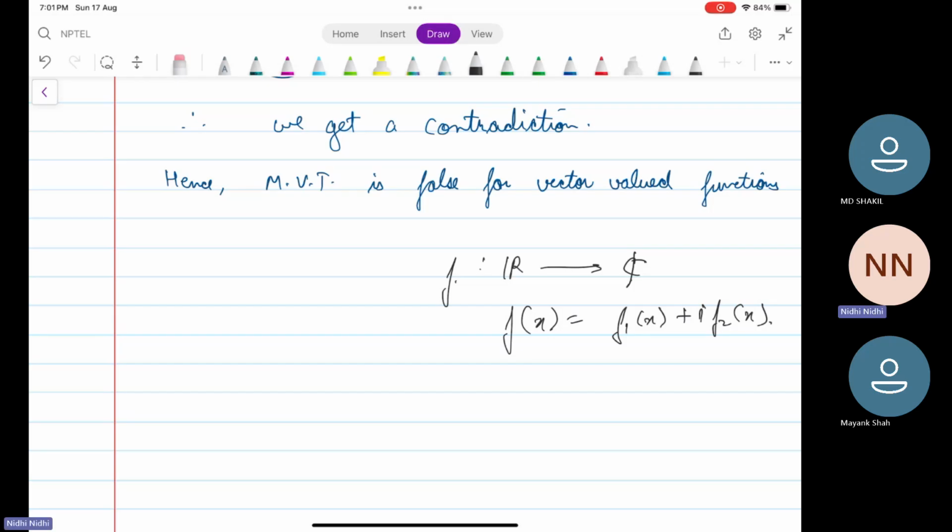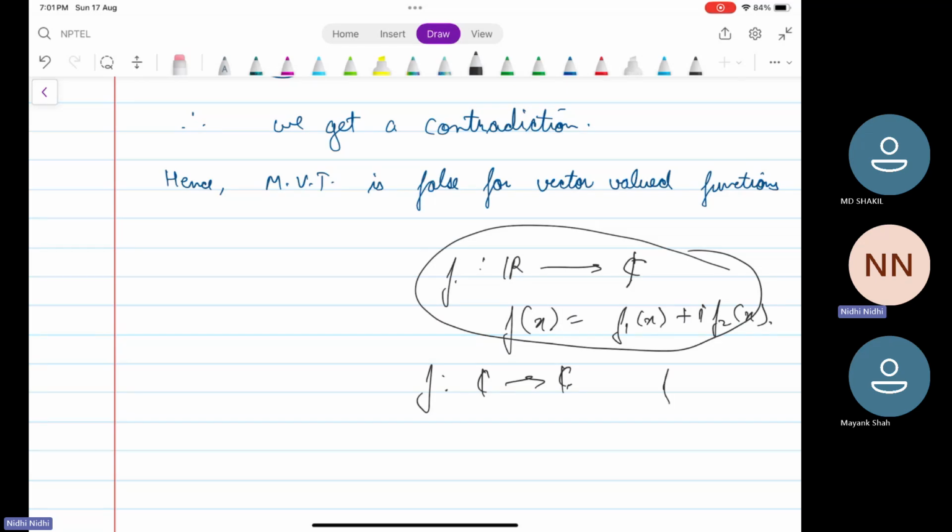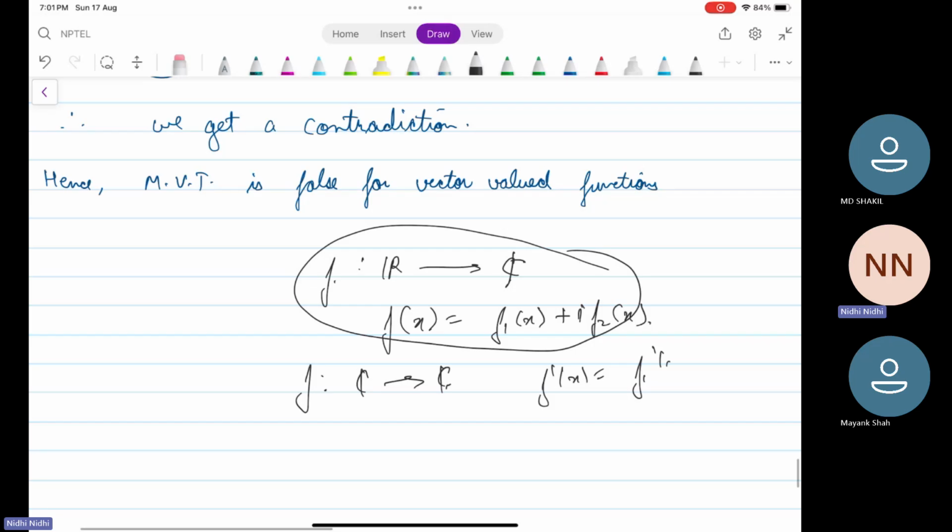I'll have to see this, because the complex functions that we have studied are basically C to C. So I don't have much idea how the derivative is defined in this case. If we define f dash x to be f1 dash x plus iota f2 dash x, then again we'll get a similar kind of contradiction.